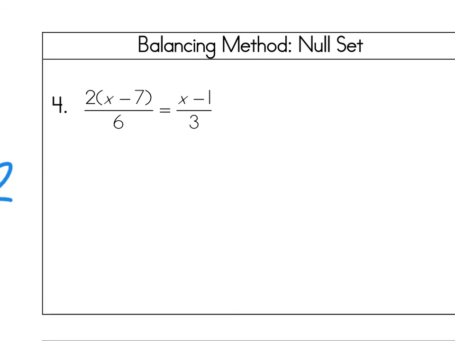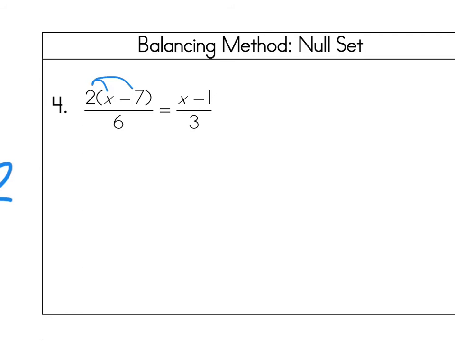Okay, so question number 4 wants us to use the balancing method, and we should get no solutions. So the first thing that I notice is that, number 1, I have fractions, and number 2, that I have some distribution that needs to happen. So I'm actually going to distribute first to help make things a little bit simpler.